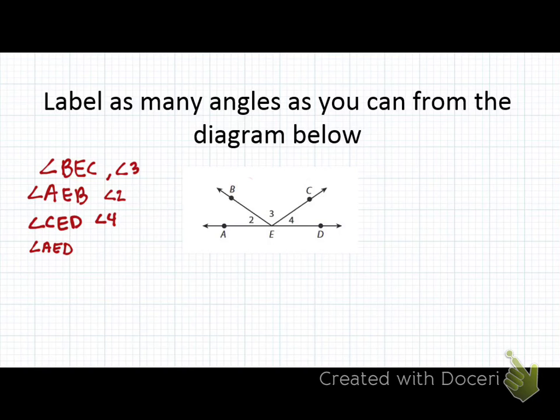And then we have our next angle. We could combine angles, we could see that this is an angle here. We have angle AEC. We also have another angle right here. We have angle BED.